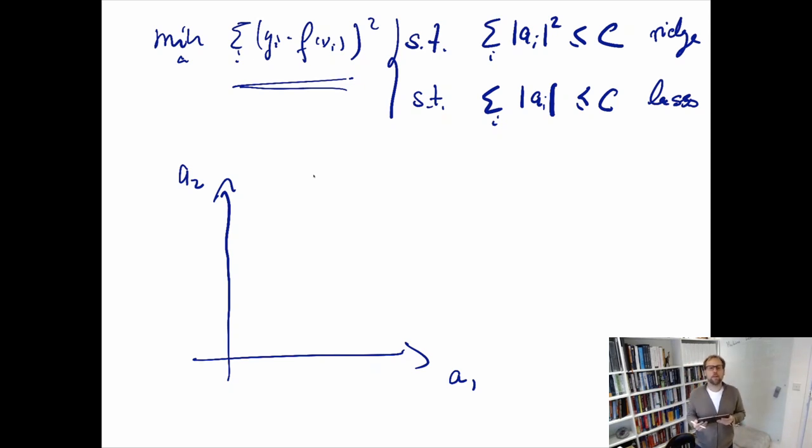I know that this function is quadratic in all the coefficients, because obviously the linear regression is linear in the predictors xi, but it's also linear in the coefficients ai. So this whole function is quadratic. It's a convex function, a nice quadratic function of the ai's.